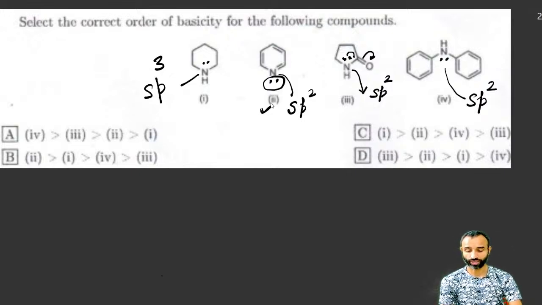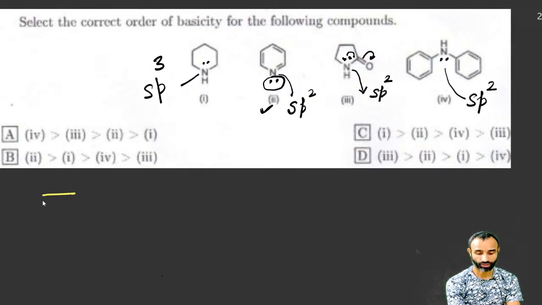So in the third case, a more electron withdrawing group is attached, the CO group.